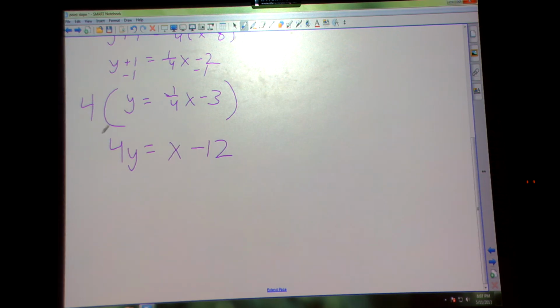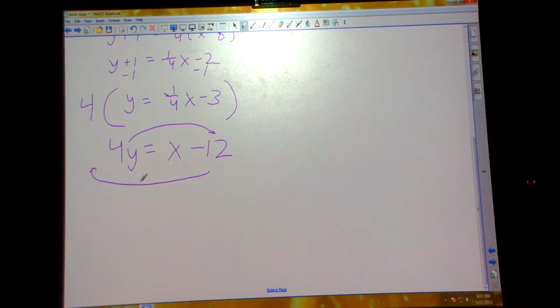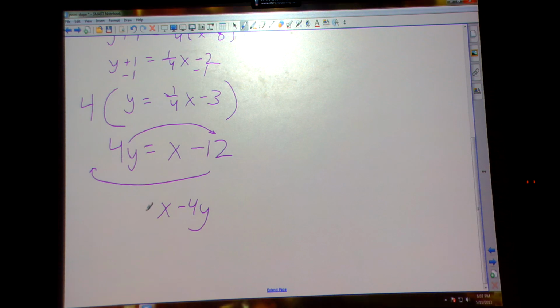So you can't just take x over because that would make it negative x. So what you really need to do is take this over and then take your 12 over. Okay, so I'll really have x minus 4y equals 12. And I don't really like it written like that. You'll always see it written like this.